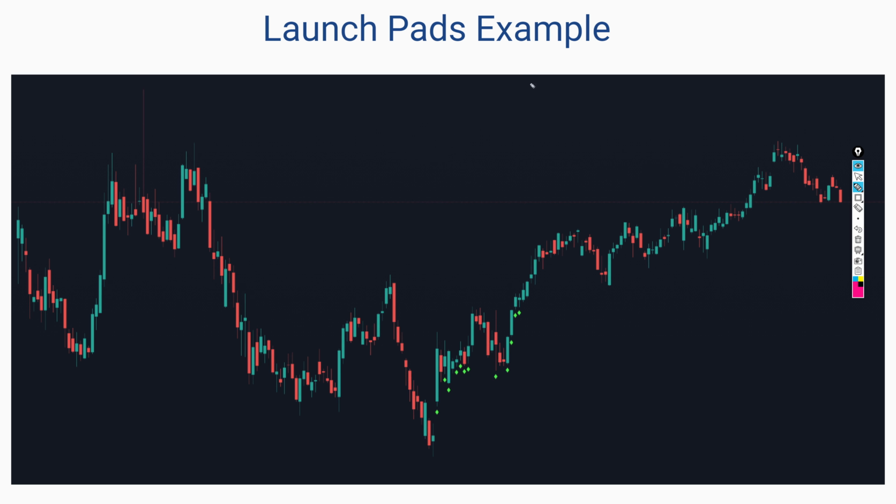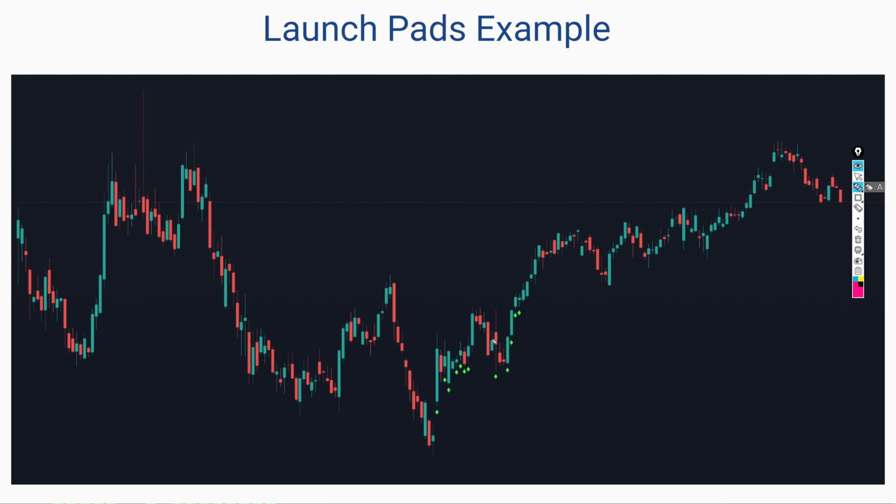Again, launchpads tell us that price has built up some sort of energy that's going to launch it to the upside or launch it to the downside. This is where we get directional movement out of this particular edge in the markets. So let's keep going.